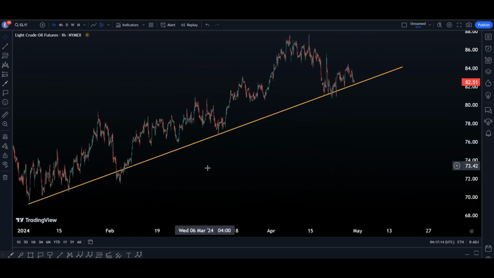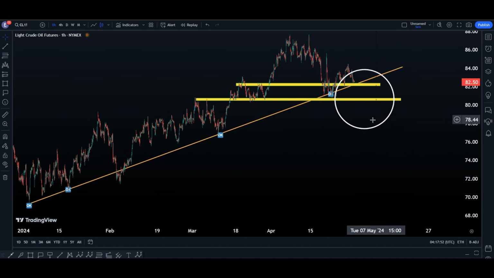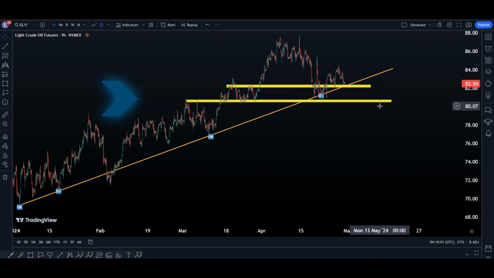I can use another trend line here, but it's not perfect. And if we look at carefully this chart here, this support and this support are very important.